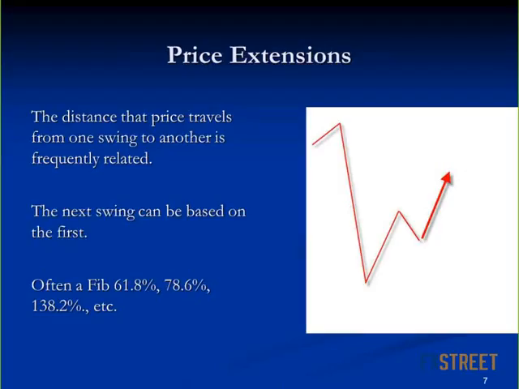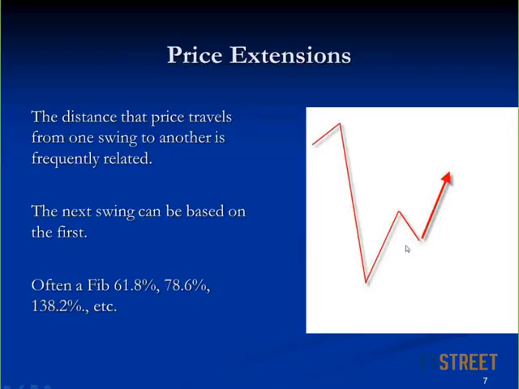And the swings that we run on, very often they're very, very similar, and they can be very similar in terms of the vertical distance traveled. Okay, bottom to top, that's the first swing. And then the next swing on the upside from bottom to top can very often be the same distance. If it is the same distance, it's called a measured move.